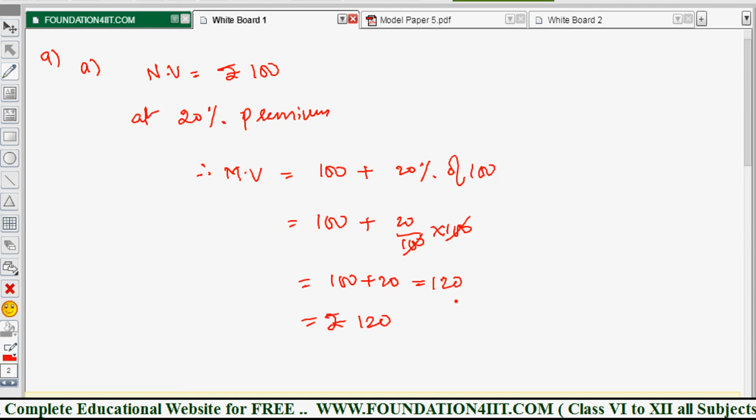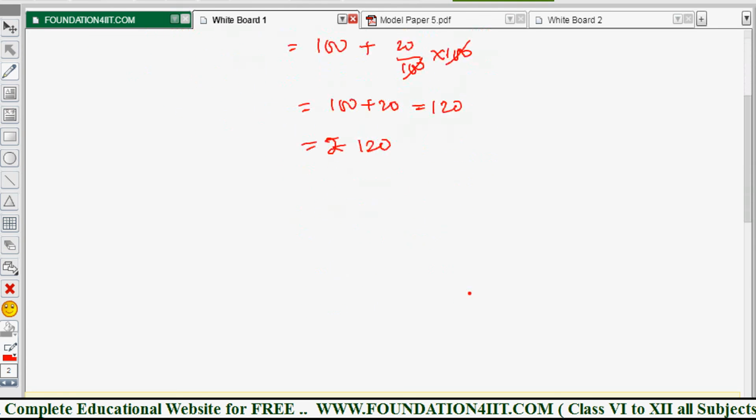Right? And we only need to find the dividend. So let the dividend of the share be X%. Now we can find the income.